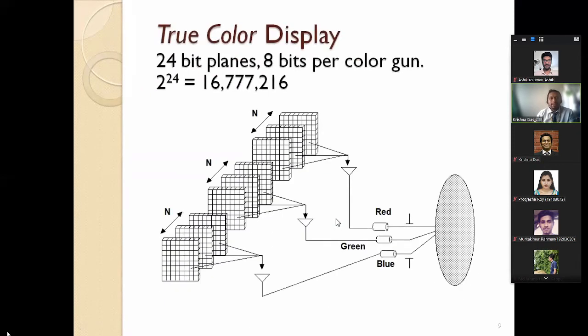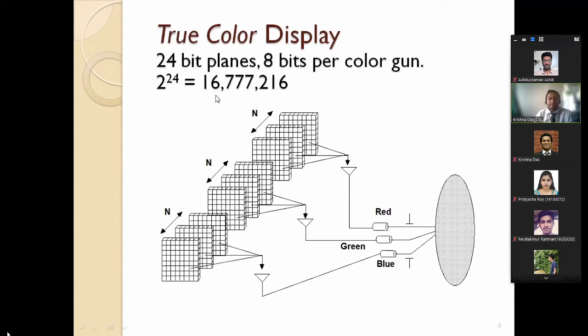So true color display, when we say 24 bit, is the highest possible bit depth we can find, where the color gun can have 2 to the power 24 colors.